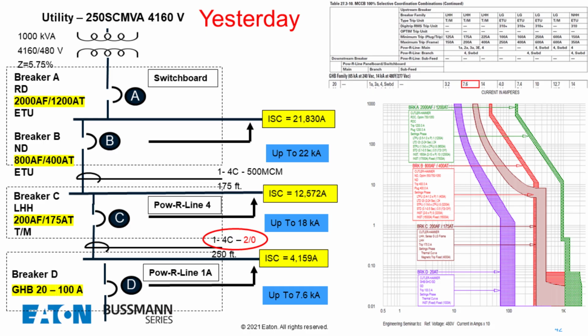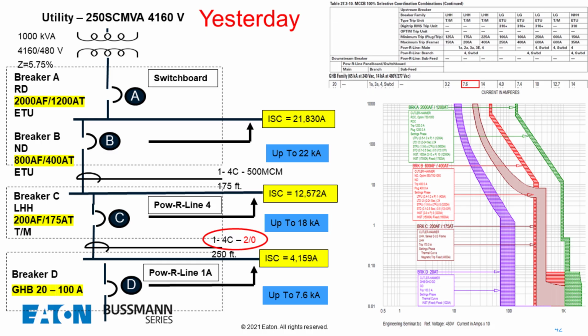We're showing that the LHH breaker on the line side and the GHB breaker on the load side can handle 7,600 amps and still be selectively coordinated. On the time current curve, that's the purple breaker, the purple curve, which is the 20 amp breaker.